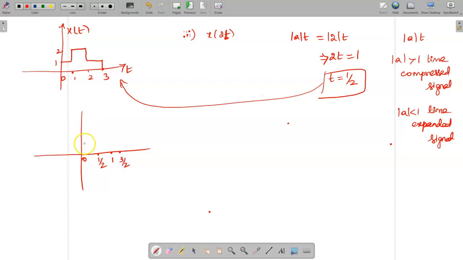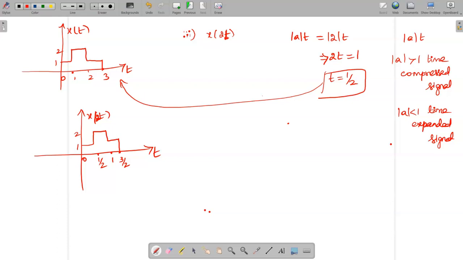Draw the signal as it appears in the original signal. Amplitude there is no change, so write as 1 and 2. So x of t will become x of 2t.